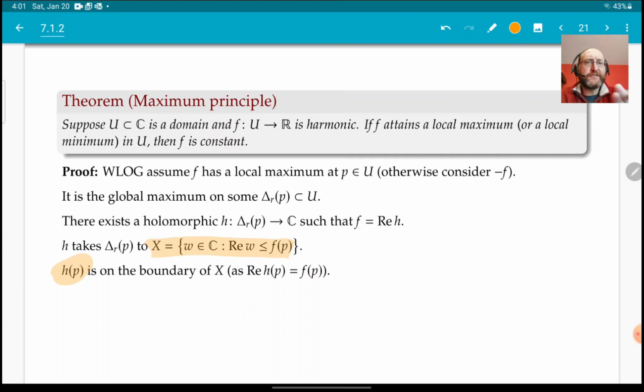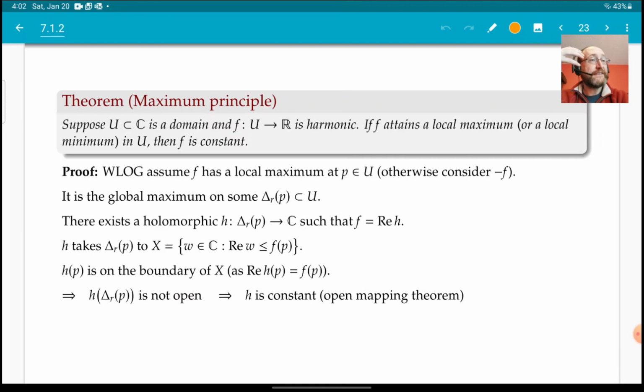So therefore, it's going to be on the boundary of H of the disk, meaning that H of the disk cannot be open, because H of P is on the boundary of it. If there's a point of the boundary that's in the set, the set is not open. All right. Well, via the open mapping theorem, this says that H is constant.